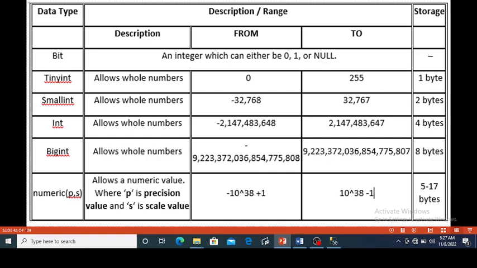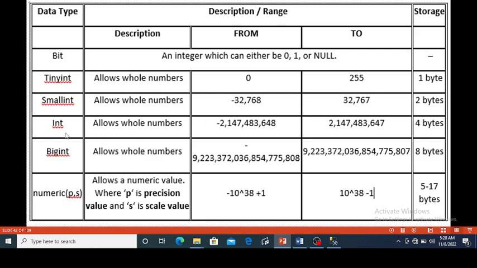Then we have tinyint, which allows whole numbers from 0 up to 255. Smallint allows whole numbers from -32,768, which is signed minus, to 32,767, which is unsigned or plus.